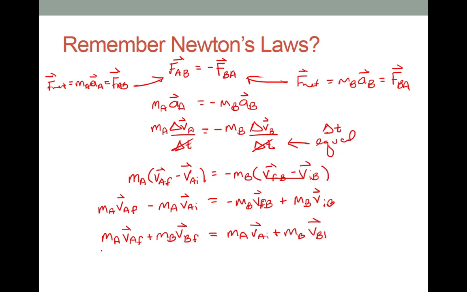And so in this case, the final momentum of the two objects that are interacting has to equal the initial momentum of the two objects that are interacting. And we have just, starting with Newton's laws, derived conservation of momentum.